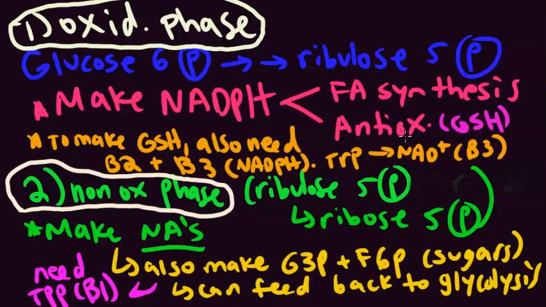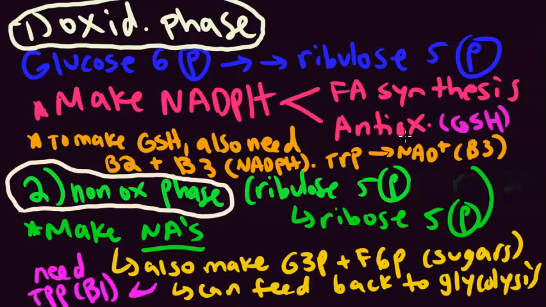So you have this reduced form that's converted into the two glutathione molecules, which has the oxidized version. So what happens is this thioester bond becomes the disulfide bridge between two cysteine residues.